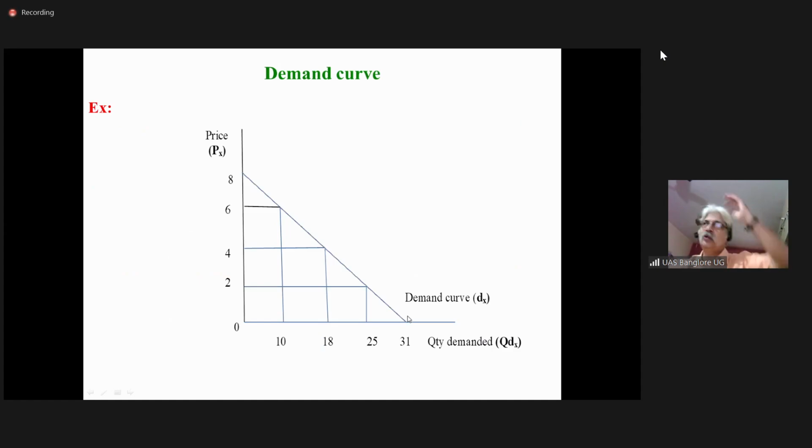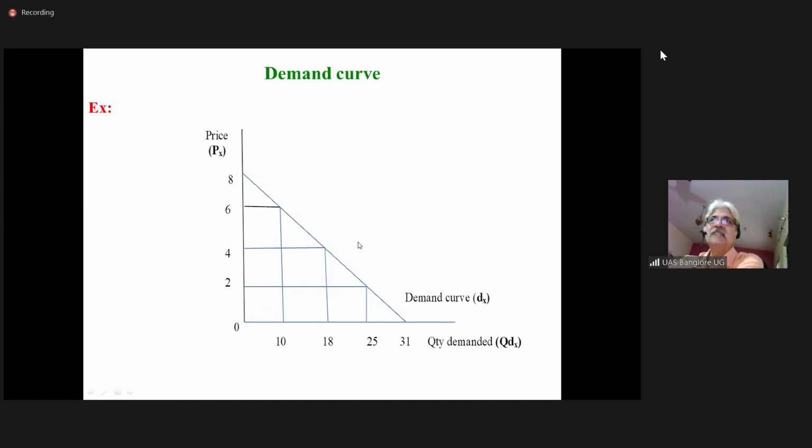So this is how a demand curve looks like. When the price is 8, quantity 0, okay? When the price decreases to 6 rupees, you purchase 10 units or 10 kgs. When the price comes down to 4 rupees, you'll be purchasing 18 units. And when the price comes down further to 2 rupees, then 25 kgs would be purchased.